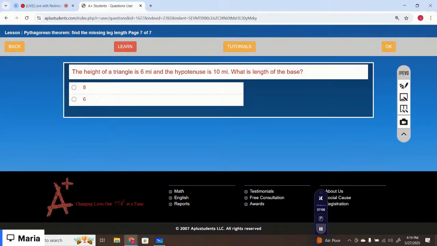The height of a triangle is 6 miles and the hypotenuse is 10 miles.